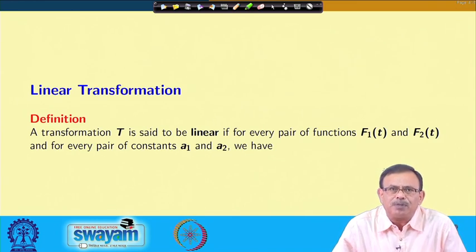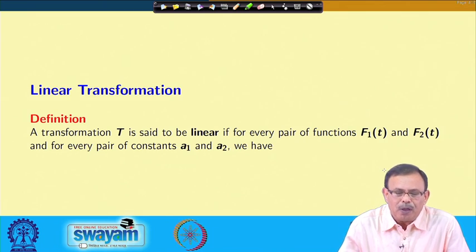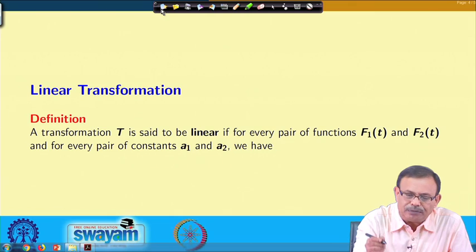Next is linear transformation. A transformation is said to be linear. Please note this one, this definition we are giving in general. Any transformation T you take is said to be linear if for every pair of functions f1(t) and f2(t) and for every pair of constants a1 and a2 we have this one.